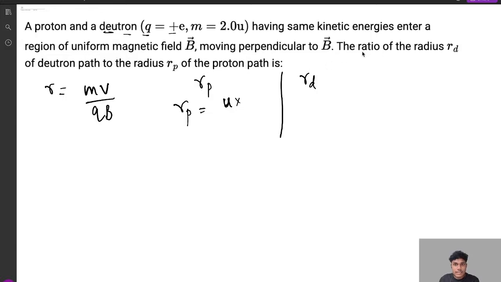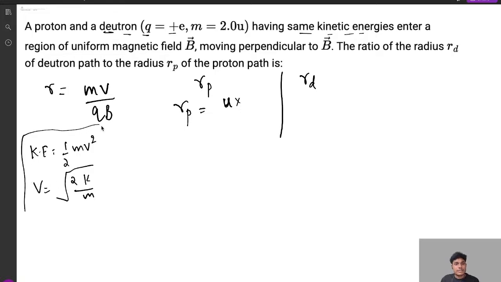We are given the kinetic energy, so kinetic energy K is equal to half mv square. From here we get v is equal to root of 2K upon m. Here K denotes the kinetic energy. I write velocity in terms of kinetic energy, right?